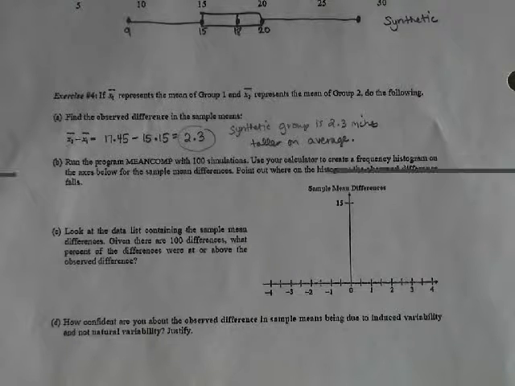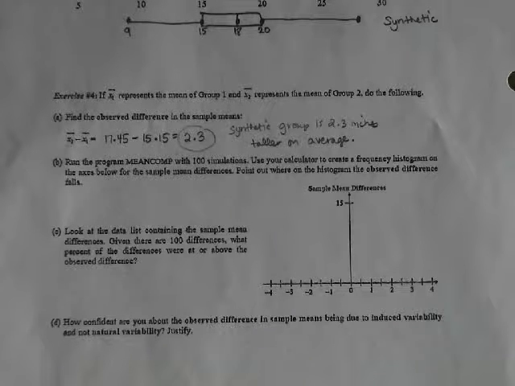So if I scroll down, here's what you're going to see. There's the 100 results, the 100 differences of sample means. There's 100 little rectangles there, okay? This says to create a histogram, which I don't think you'd ever have to do on your own, so we're not going to draw this histogram necessarily.